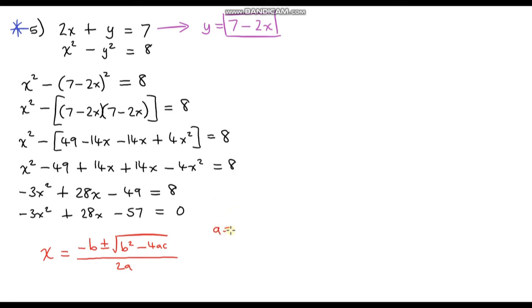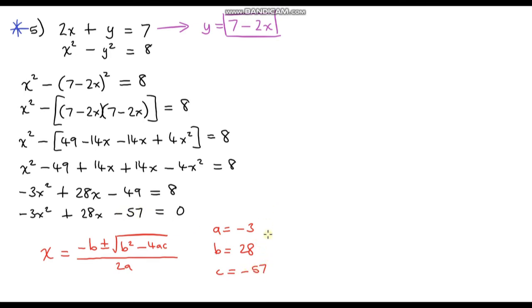a is the coefficient on the x squared term, which is negative 3. b is the coefficient on the x term, which is positive 28. And c is just the constant term, which is negative 57.